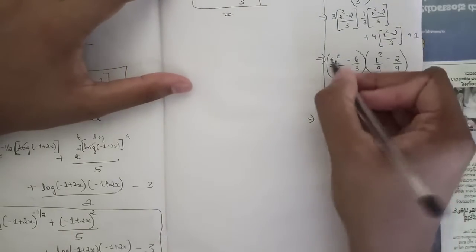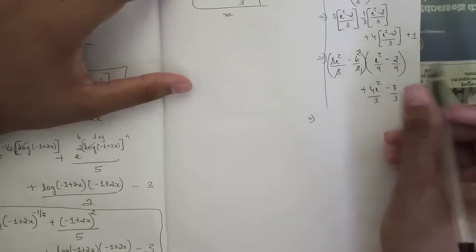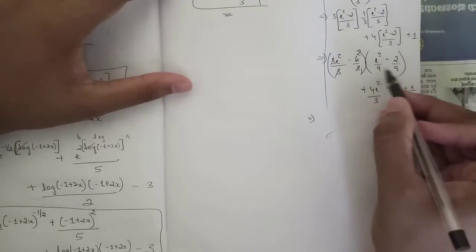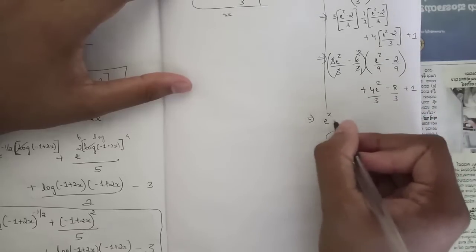So now by further solving we can cancel this 3 here, 3 1s are 3, 3 2s are 6, other terms we cannot cancel, so we get e power z minus 2.